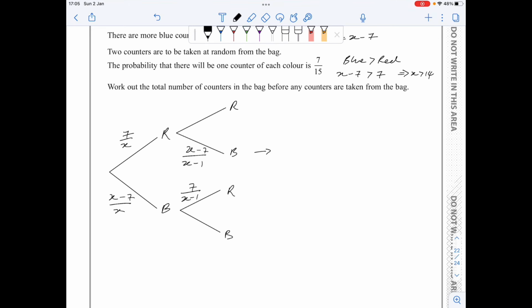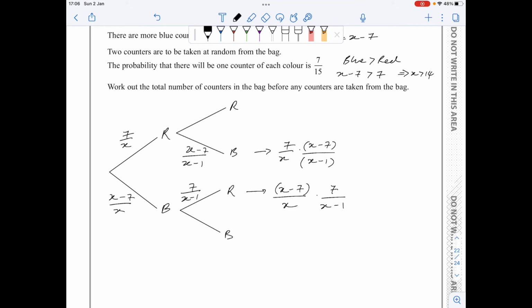So the two probabilities are 7 over x times x minus 7 over x minus 1. This is for the red-blue combination. And the one below is x minus 7 over x times 7 over x minus 1. And the sum of those two should be 7 over 15.